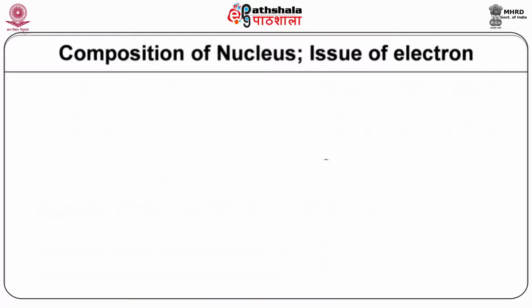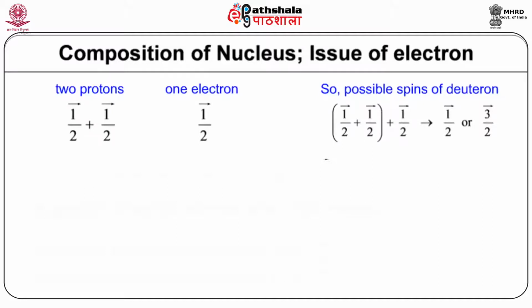As in the deuterium nucleus, there are 2 protons and 1 electron, and we know that protons and electrons are fermionic particles, so they are spin half particles. So when we consider their intrinsic spin, then for 2 protons, according to the Pauli exclusion principle, they will be half plus half. For 1 electron, it will be half. So the possible spins will be 1 by 2 plus 1 by 2 for protons plus 1 by 2 for the electron.